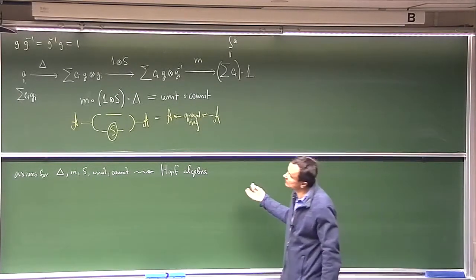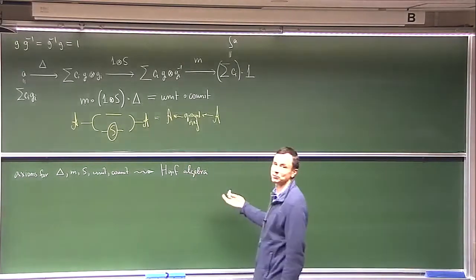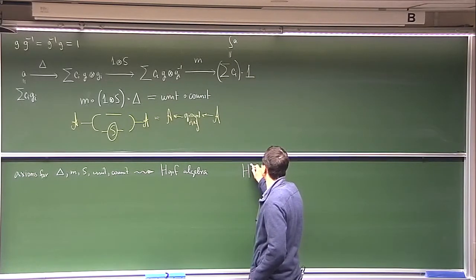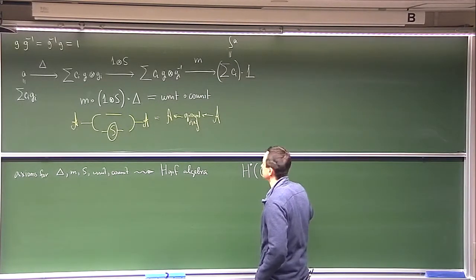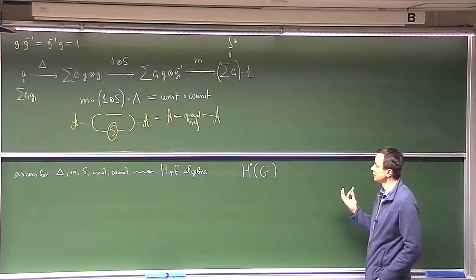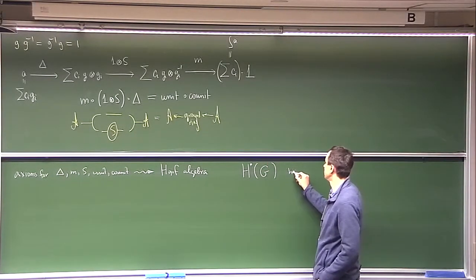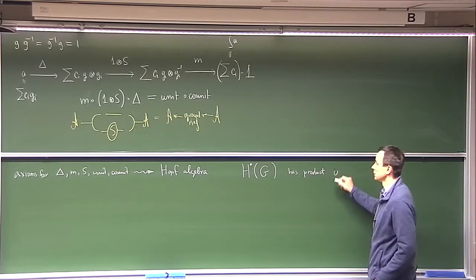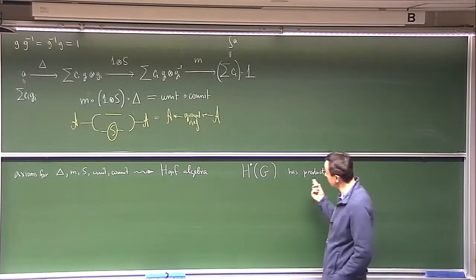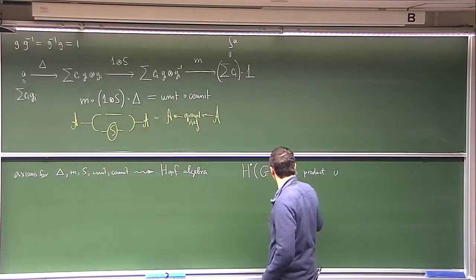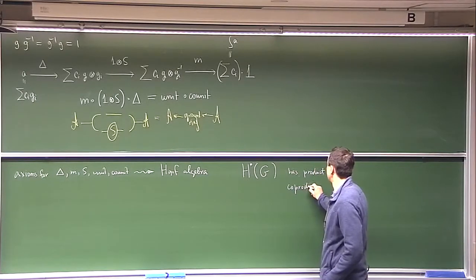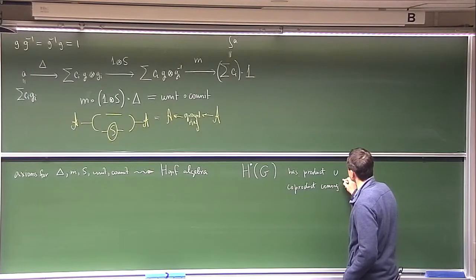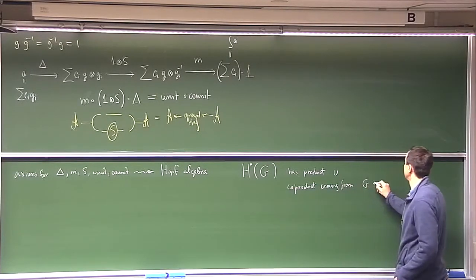And why was Hopf interested in this? Well, it's because Hopf used this to describe the homology ring of a Lie group, say a compact Lie group, because this has a product, usually the cup product in homology, and a coproduct coming from the multiplication map in the group.